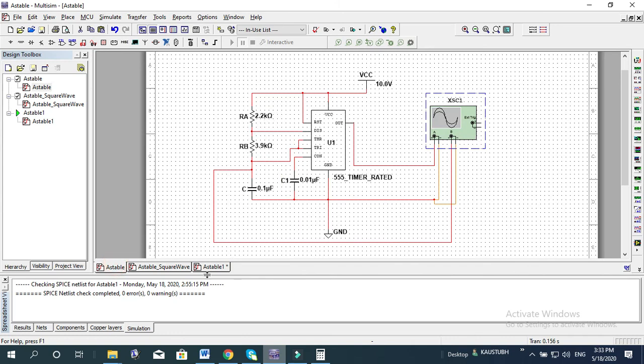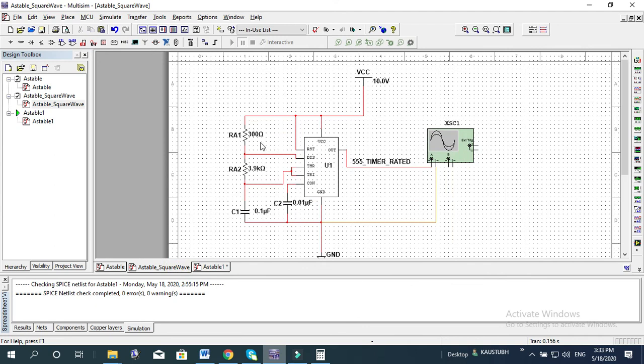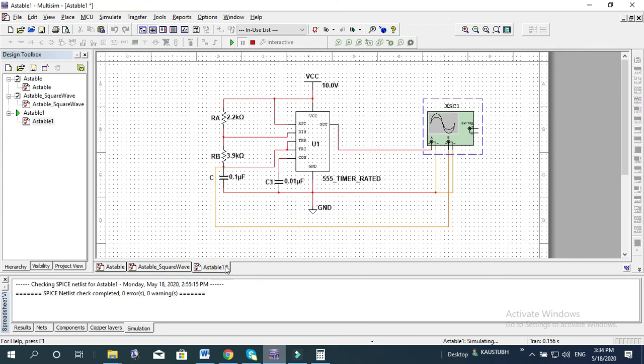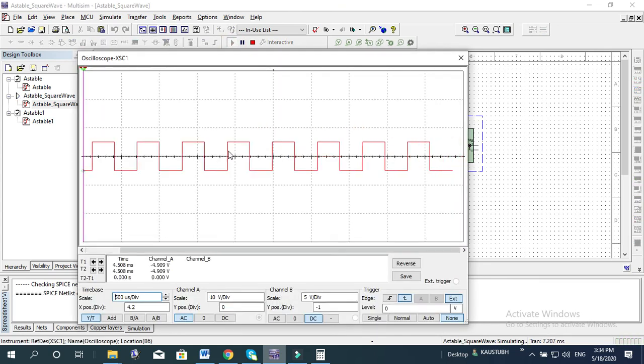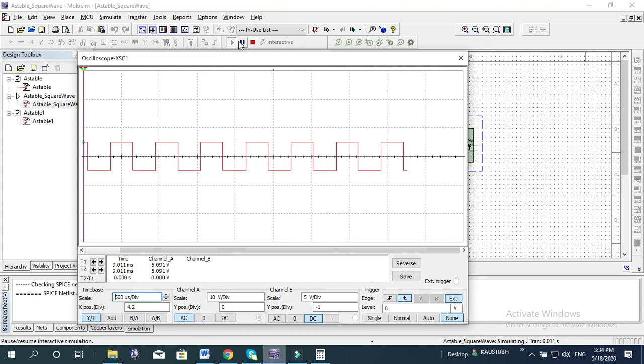Instead of that I make use of 300. So now if I run it, you can see almost a perfect square wave. You can see the time here. So if on time and off time are equal, then it is a perfect square wave.